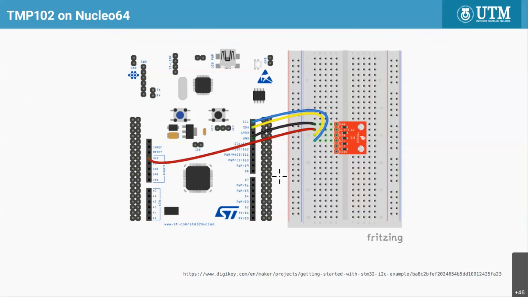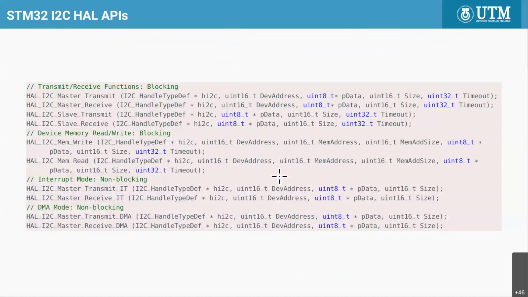But if it's a memory type, you want to reduce the number of transactions. So you give the address once, and then you read a block of addresses. The function call is different: that's called memory write and memory read. This is also blocking, where it will hang. The moment you call this function, it will wait until the transfer is completed before you can proceed with the next instruction.